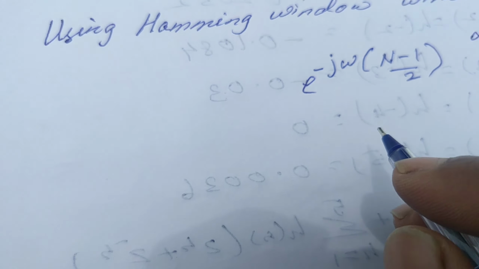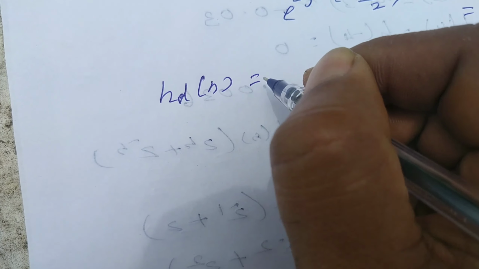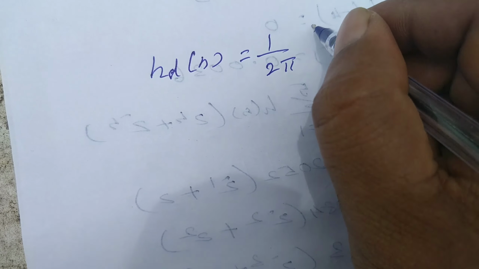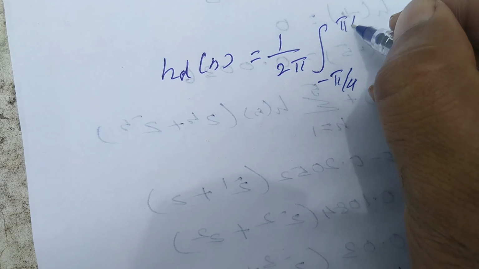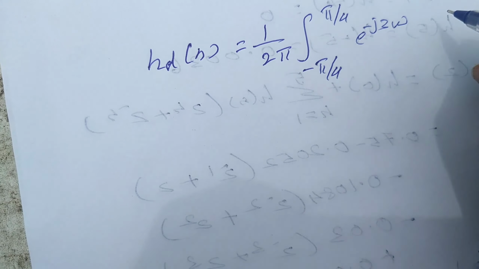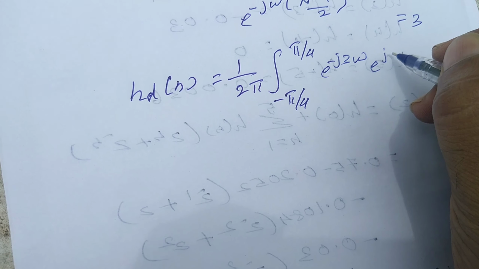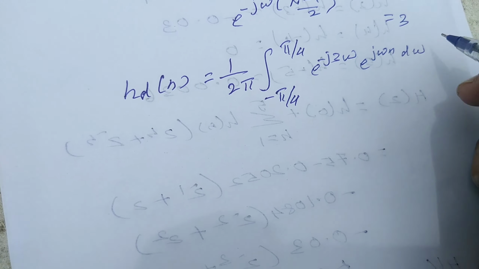So if we find hd of n, we can get the causal sequence here. Generally we get non-causal sequences, but in this case we directly get the causal sequence. So we apply this and estimate hd of n: the integral of e power minus j 3 omega into e power j omega n d omega.